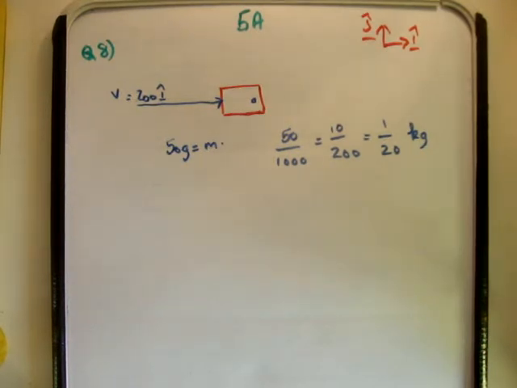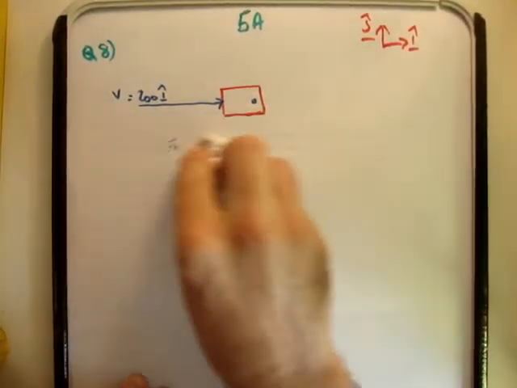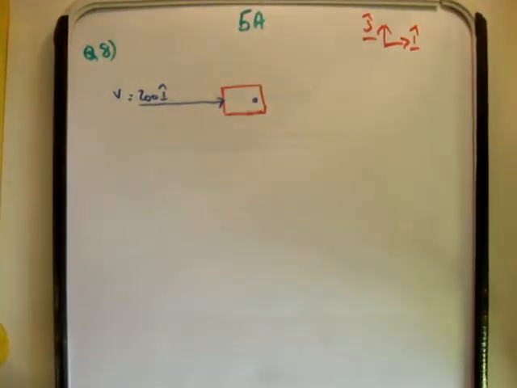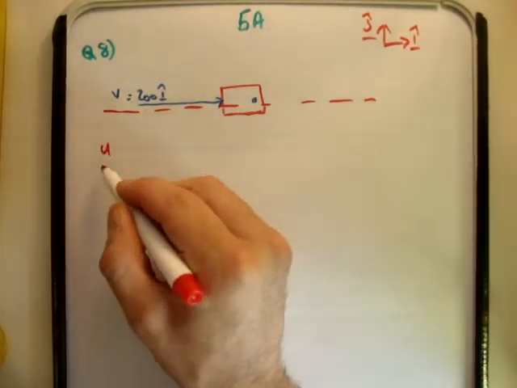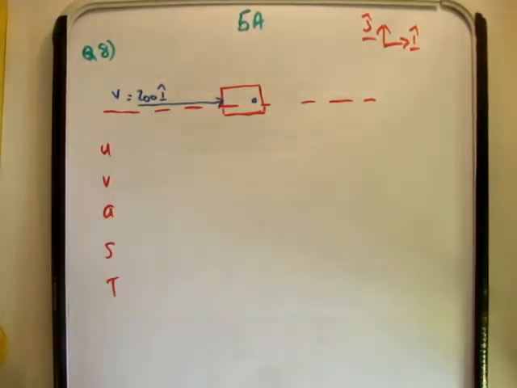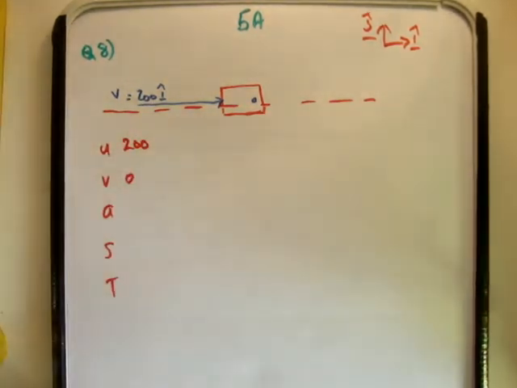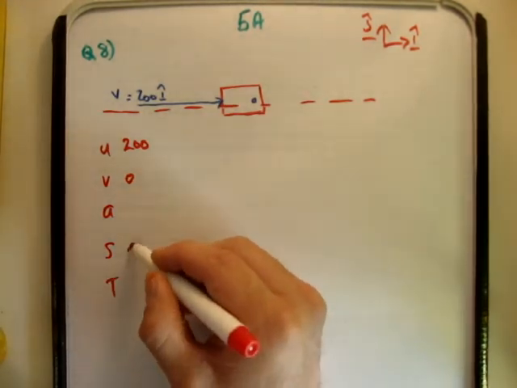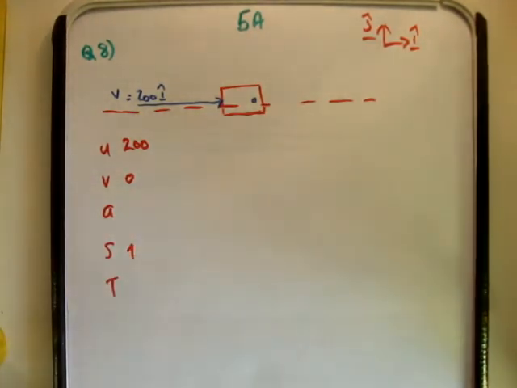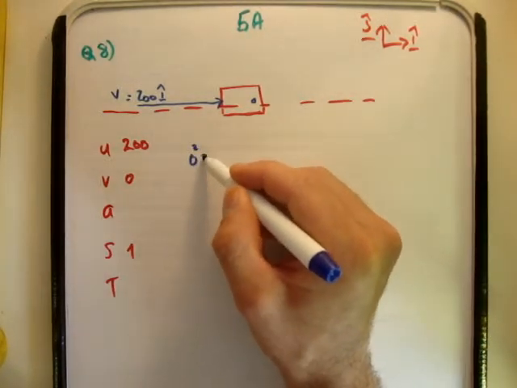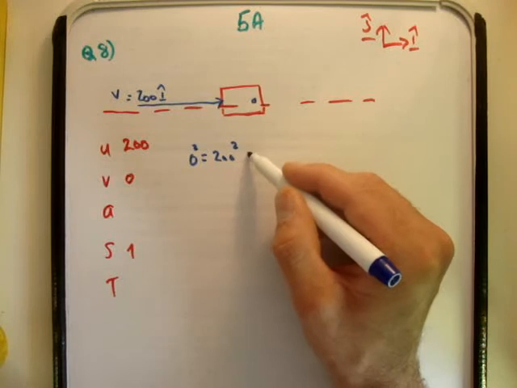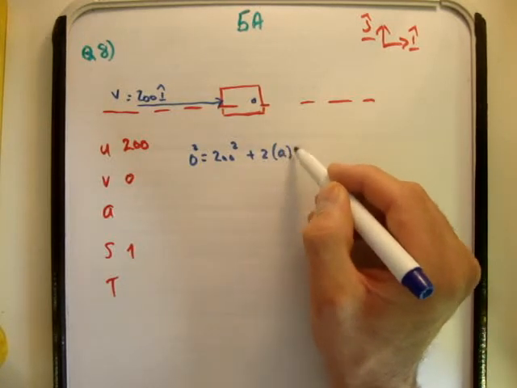Now, the next thing we need to do is go back to chapter 2 of accelerated linear motion. And remember, of course, we are moving in a linear fashion. We're moving, we'll say, in a line here. So let's go back to UVAST. And we know our initial velocity is 200. We know that the bullet comes to rest, and we don't know what the deceleration is. However, we're told that it comes to rest after a distance of 1 meter. So if we apply v squared is equal to u squared plus 2as, we're going to get 0 squared is equal to 200 squared plus 2 times a times 1.